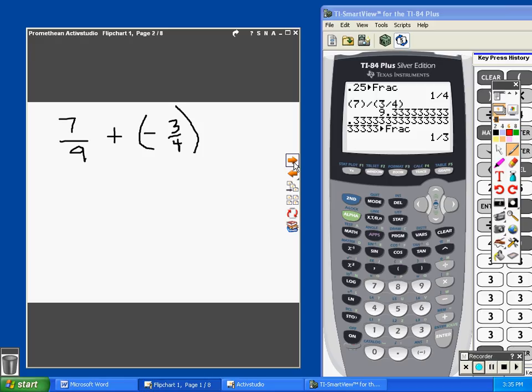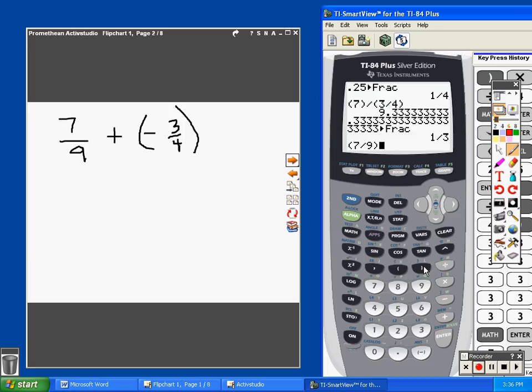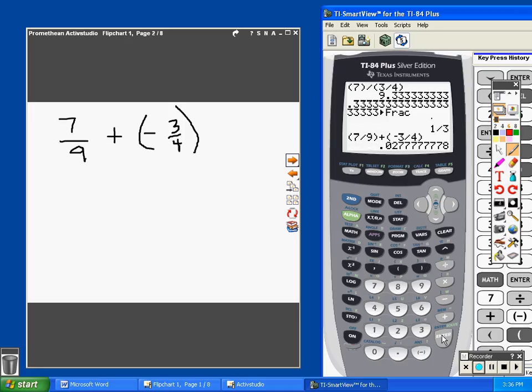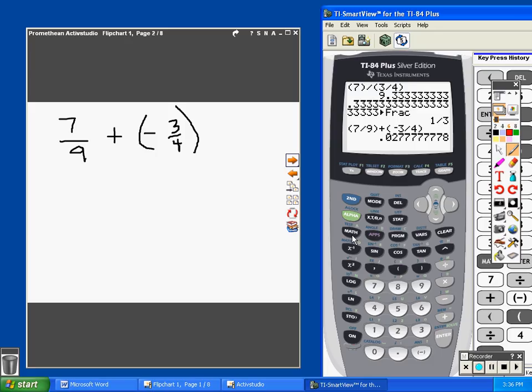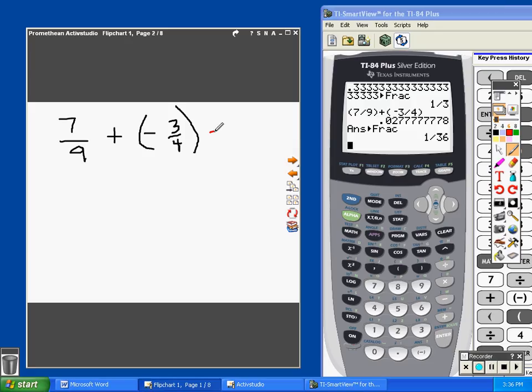Alright. To do this one, I could show you on your calculator. You're going to go ahead and put in 7 divided by 9 plus -3, I forgot the parentheses, -3 divided by 4. And remember, we're going to change that back to a fraction, and you get 1/36.